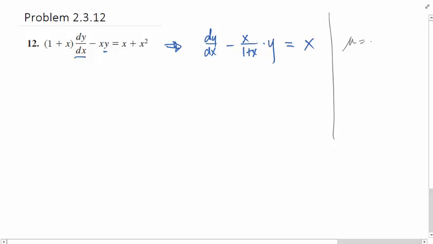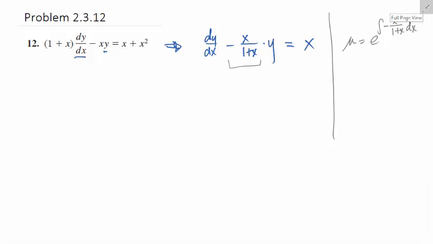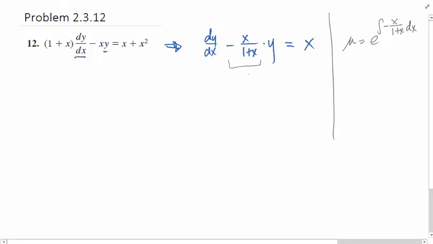We'll call it mu, and we need to somehow find the integral of the p term, and the p term in this case is negative x over 1 plus x dx.